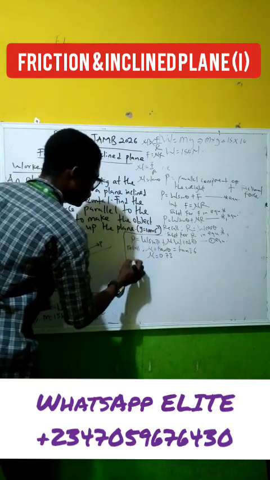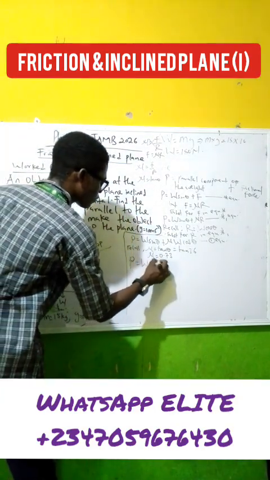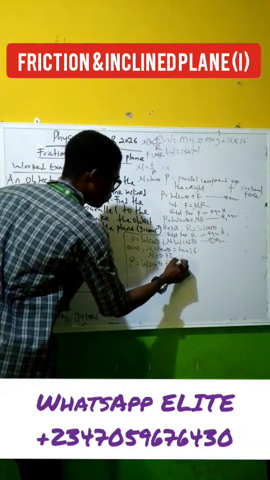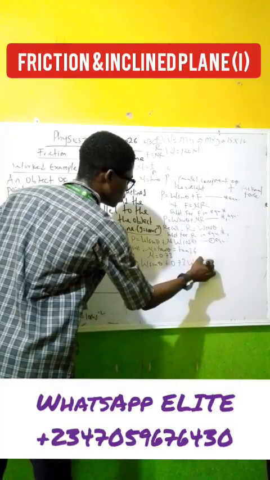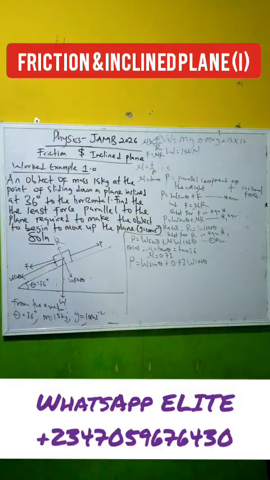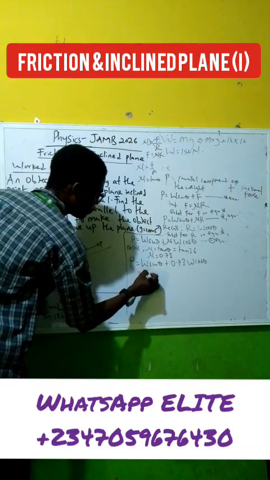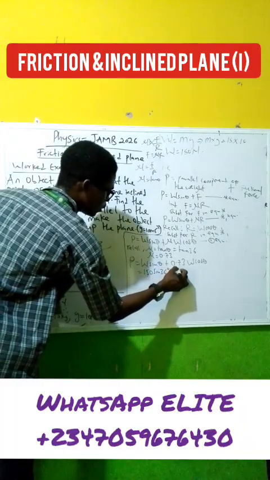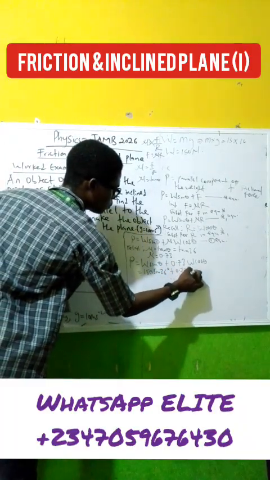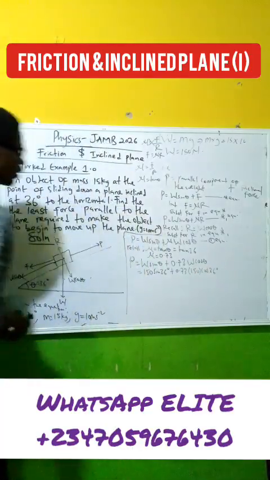So now from here, P equals W sine theta plus 0.73 W cos theta. Okay, are we together? Our weight force is 150. Don't forget. So 150 sine 36 degrees plus 0.73 into 150 cos 36 degrees.